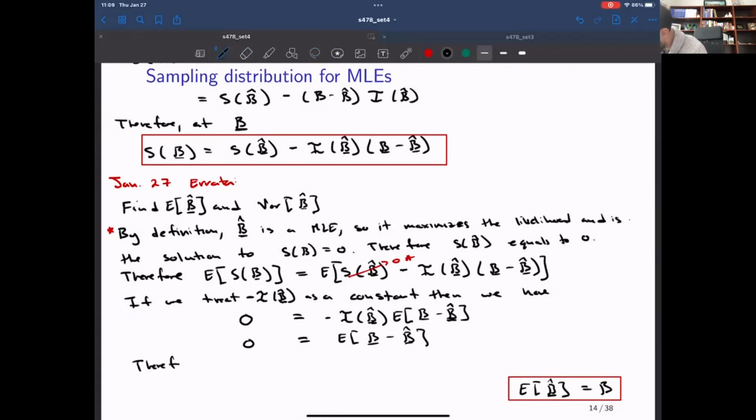Therefore, the expected value of beta hat is equal to beta.